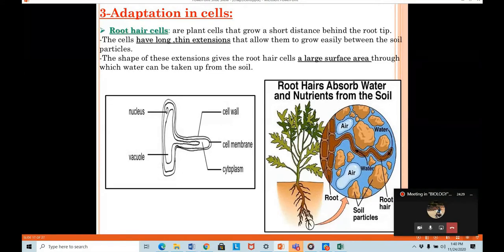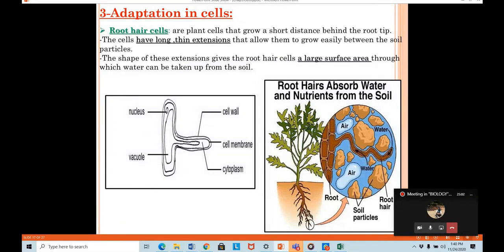For example, if the plant occupies only 1 centimeter on top, if you see under the soil, it will be spread out to about 5 to 6 centimeters around that area. Why? So that it can absorb the nutrients and the water from all that area. That is the meaning of spreading out in the large surface area. Meaning it covers a lot of space. The roots occupy a lot of space compared to the stem, which you can see above the ground. Clear, Hannah?